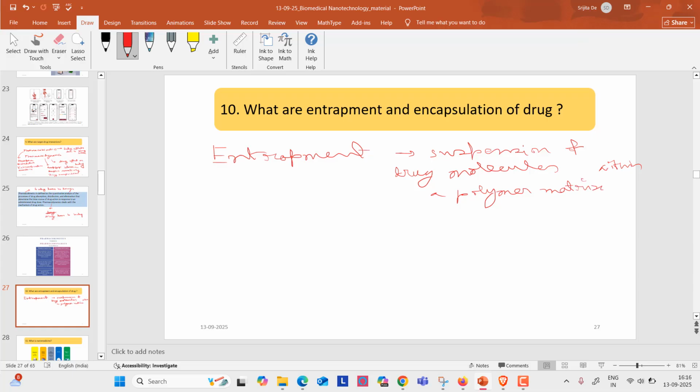Suppose this is a polymer matrix and drugs are entrapped like this. This is drug entrapment.